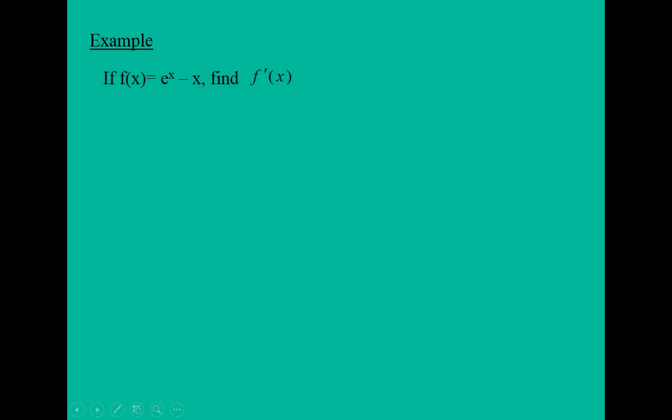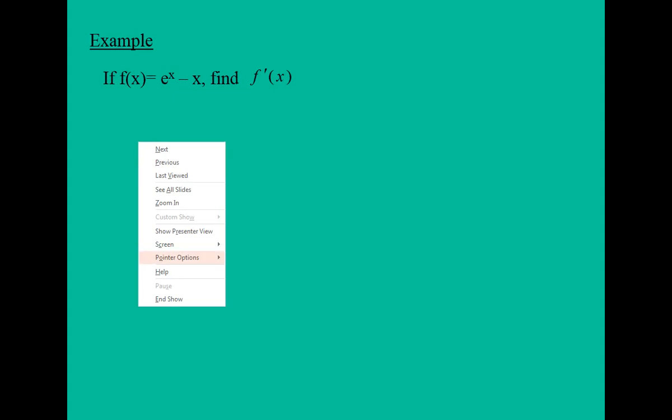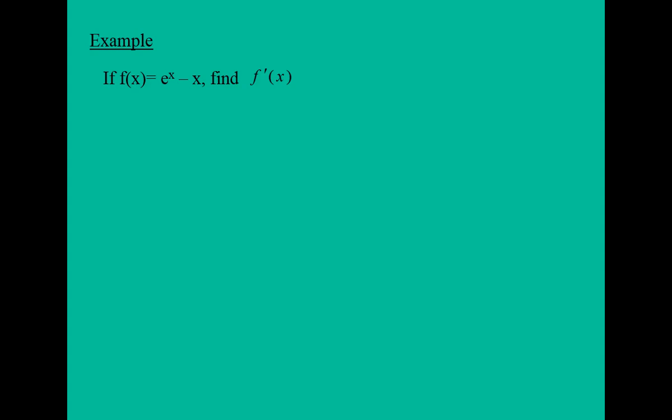Let's use this to find the derivative of this function. Our function is e to the x minus x, and we are looking for f prime of x. We just found that the derivative of e to the x is e to the x, and we know the derivative of x to the first power: we bring down the 1, subtract 1.